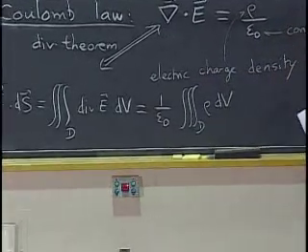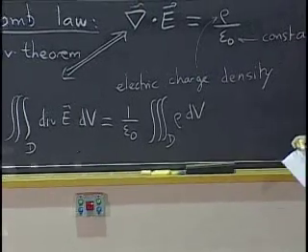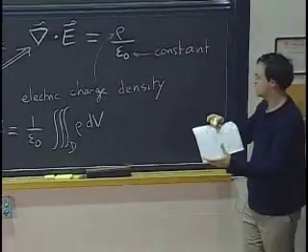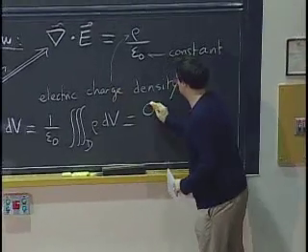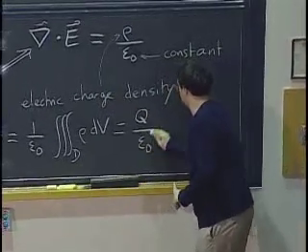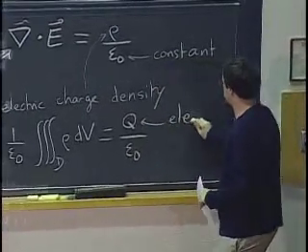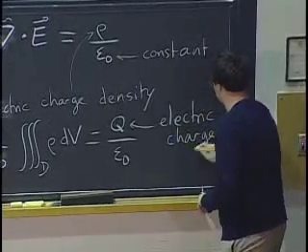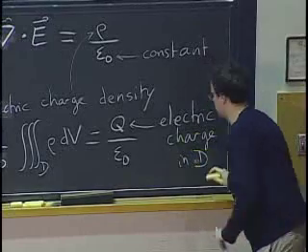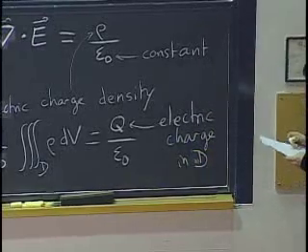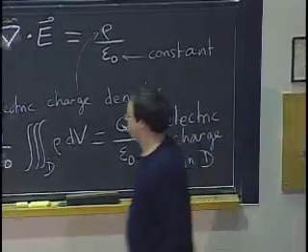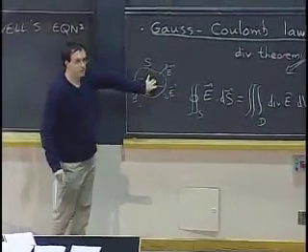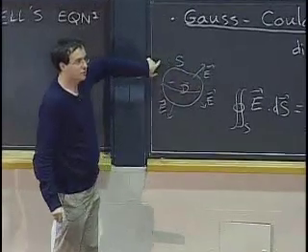But now if I integrate the charge density over the entire region, then what I will get is actually the total amount of electric charge inside the region. Okay, so that's the electric charge in D. So this one tells us in a more concrete way how electric charges placed in here influence the electric field around them.